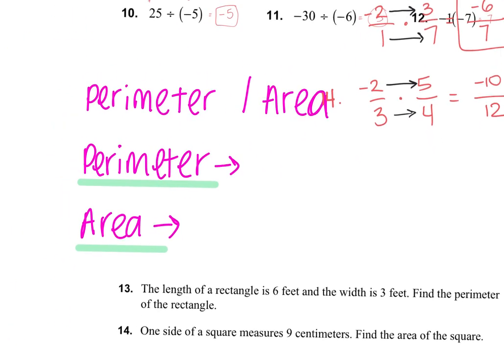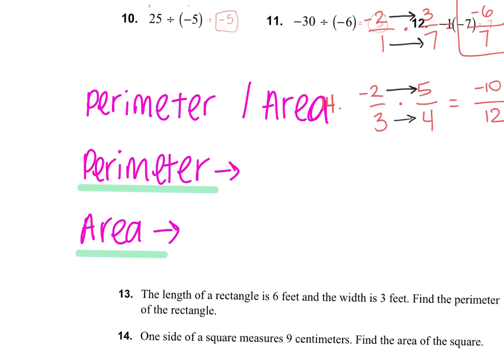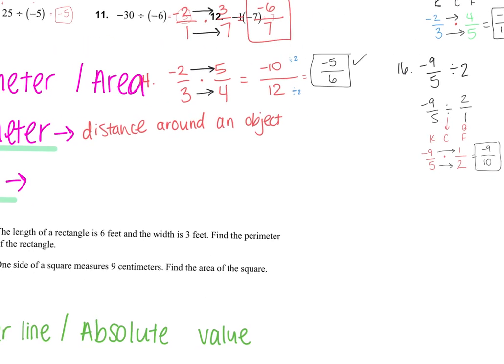Perimeter and area, okay? So perimeter, we should already know. That's the distance around an object. Okay, for example, if we have a rectangle where these two sides are the lengths, this is the width, all you would need to do to find the perimeter is add the length plus the width, going from here to here, then to here.